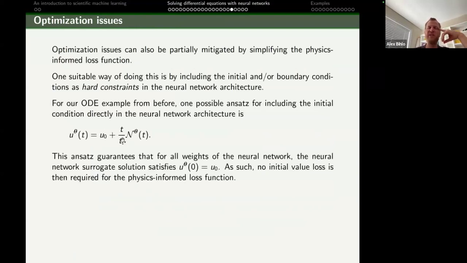It's usually challenging to find what's a good hard constraint, because if this is now trained for long intervals of time, then somehow the neural network has to learn to offset the factor of t here. So unless your solution is linear in time, it has to basically learn the solution divided by time, right? And this brings some challenges as well, if you have large domains and so on. So yes, you can always find hard constraints. Finding good hard constraints is not always that easy.